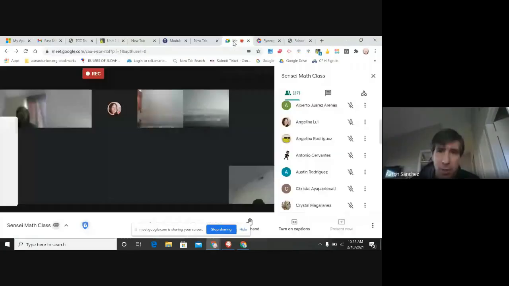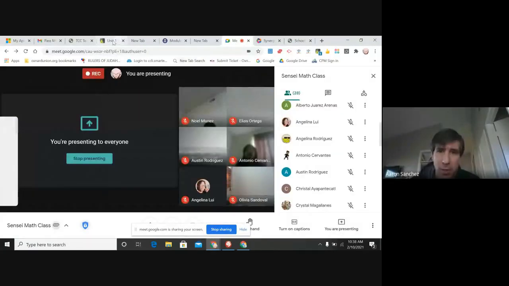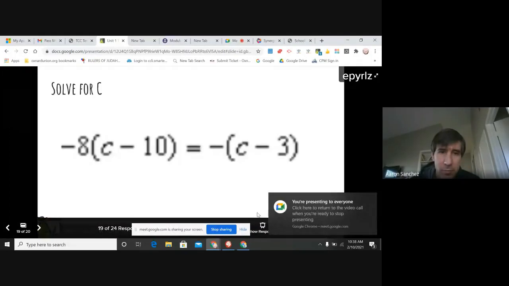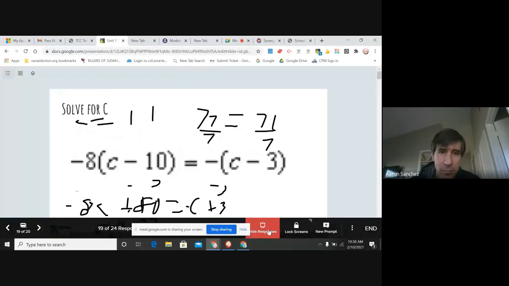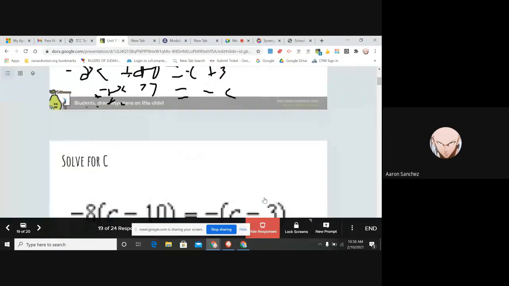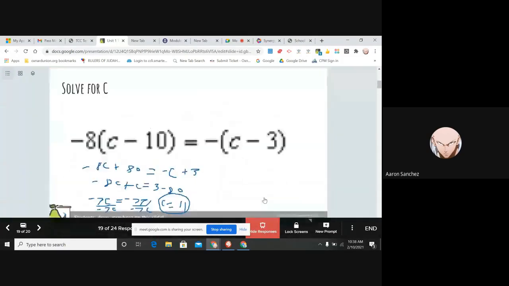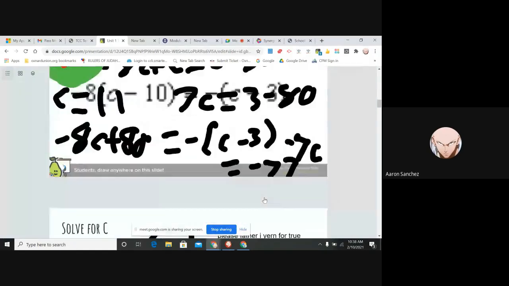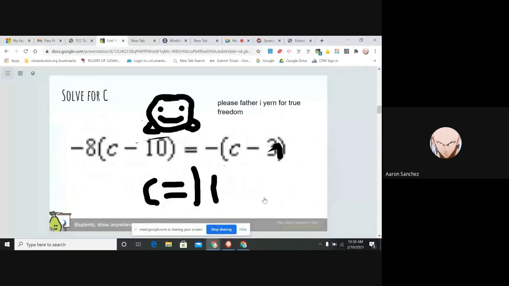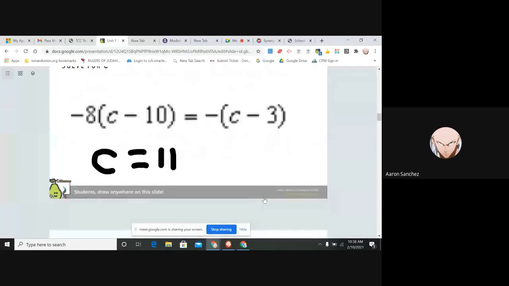Okay, let's get on the problems here. Show your responses. Okay, let's see. C equals 11. That's the answer. C equals 11.